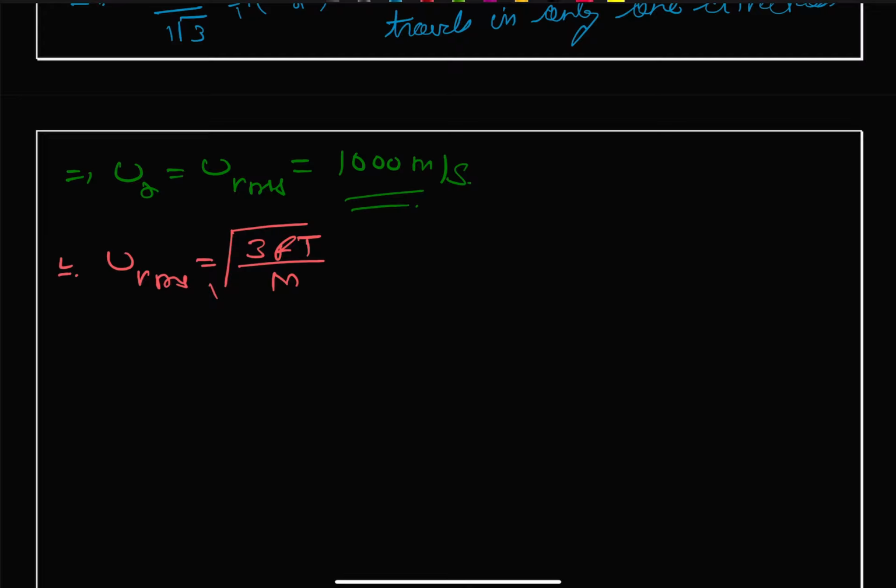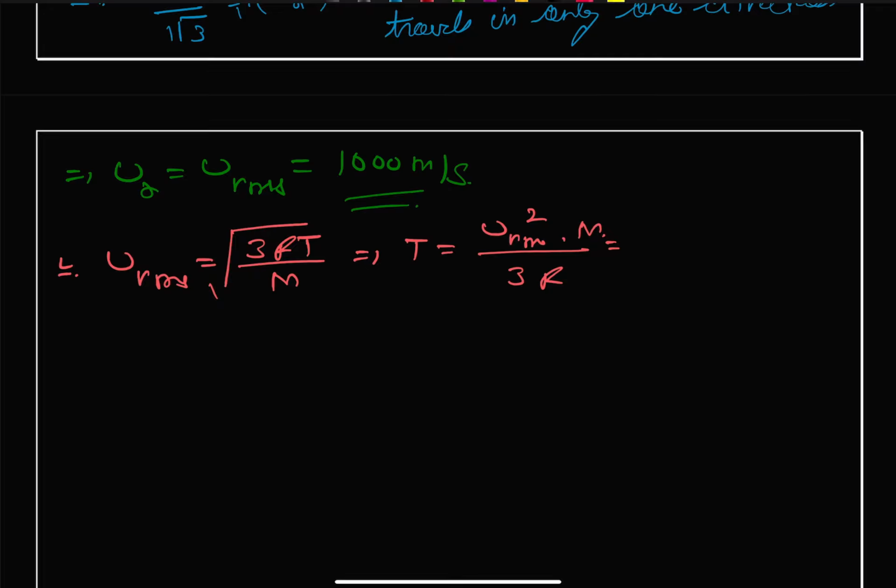Therefore we can write that our temperature T will be equal to VRMS square multiplied by M divided by 3 times R, and we substitute all the values.